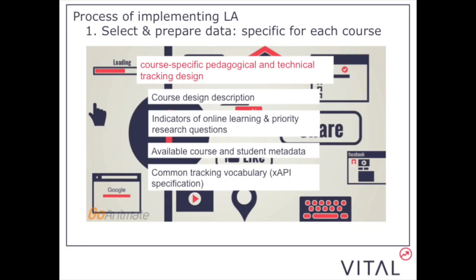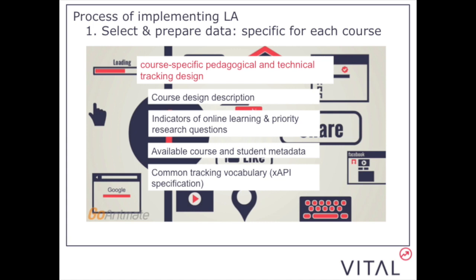So quickly to the process of implementing learning analytics before I give the floor to Niels. We have implemented learning analytics in 4 steps. A first step is selecting and preparing the data, the metadata. These data and the indicators are specific for each course.